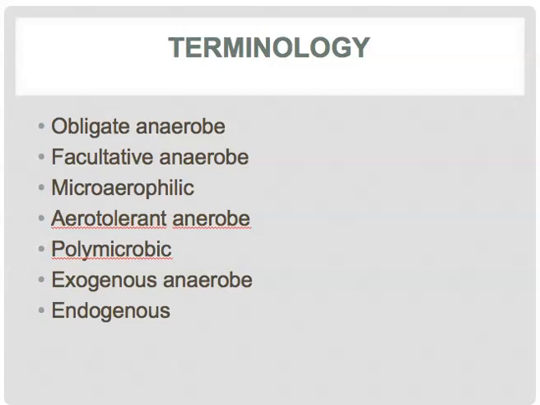An example of an exogenous infection would be gas gangrene, which is caused by Clostridium perfringens, and botulism, which is caused by Clostridium botulinum. And then endogenous anaerobes are those that are found inside the human body.